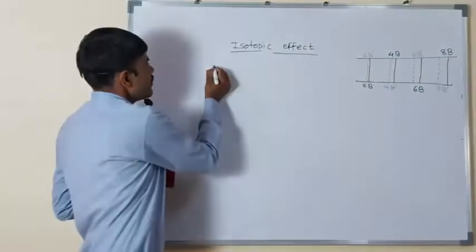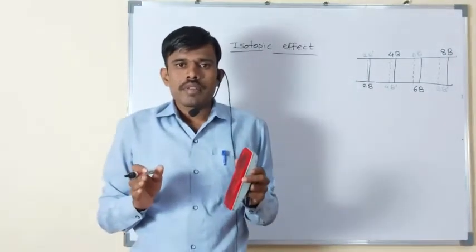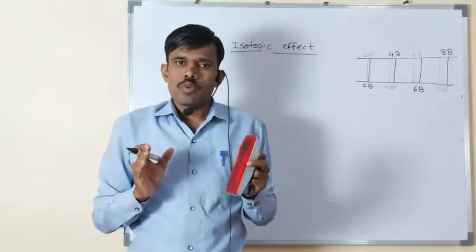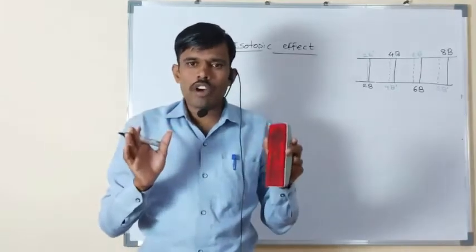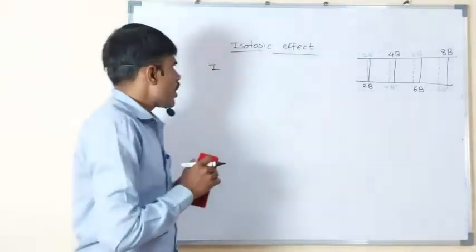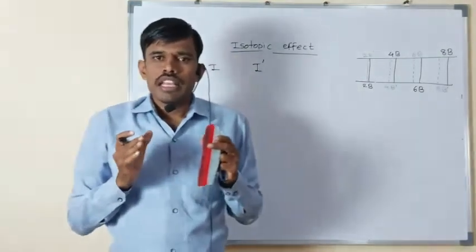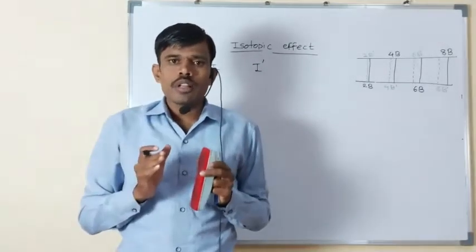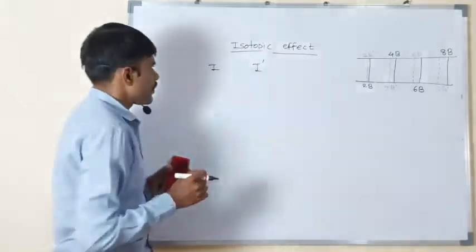Suppose I is the moment of inertia of a molecule without replacement of atom, that is of original atom, and I prime is the moment of inertia of a molecule after replacement of one of the atom with the isotope.